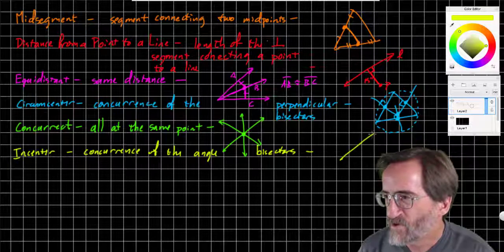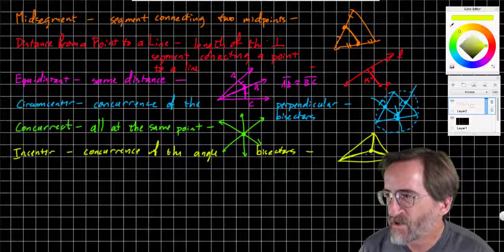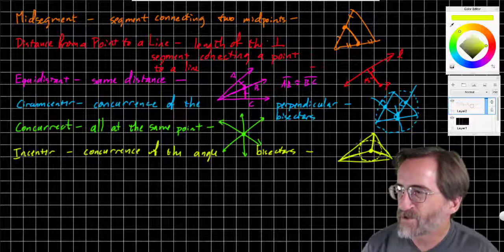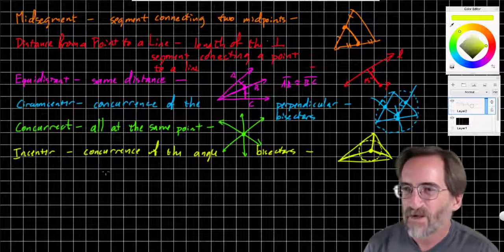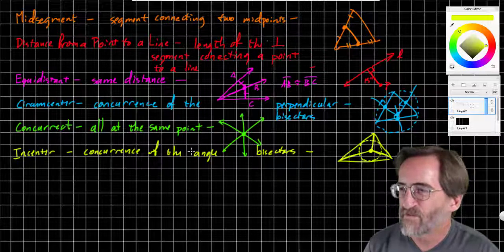So if I draw a triangle and draw the angle bisectors, so it splits each angle exactly in half, they meet at the incenter. And the incenter is, if I draw a circle at the incenter, and it just touches one side, it'll touch all three sides. It's called the inscribed circle. So the incenter is the concurrence of the angle bisectors.